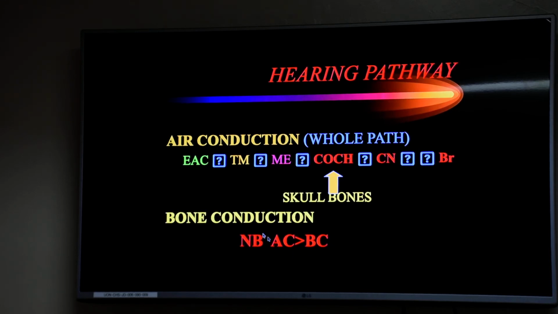Now we are in a position to look at the two hearing pathways. What we have been discussing now is called the air conduction pathway, where the sound came through the air, impinged on the tympanic membrane, was amplified in the middle ear, transduced in the cochlea, and then transmitted to the brain via the cochlear nerve.